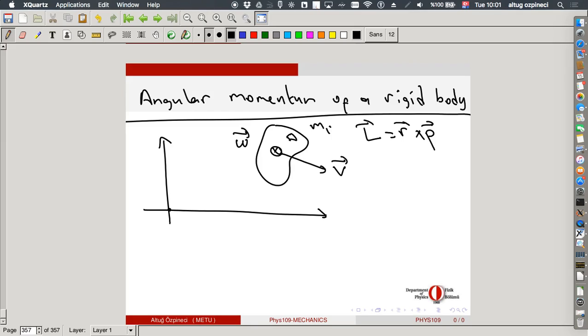It is rotating around this axis, so it has a velocity due to that rotation. Let's say vi is equal to v, because the axis is being translated. At the same time, this point is moving relative to my axis, plus omega cross ri.